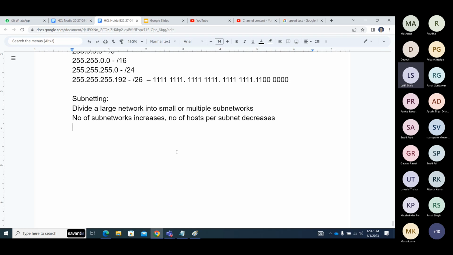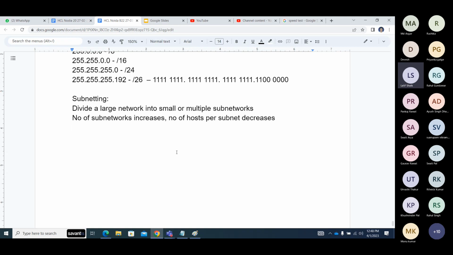You are dividing a network into multiple networks, so automatically the number of networks increases. You don't have extra space. You have to complete everything, network and host combined, in 32 bits. IPv4 is 32-bit.